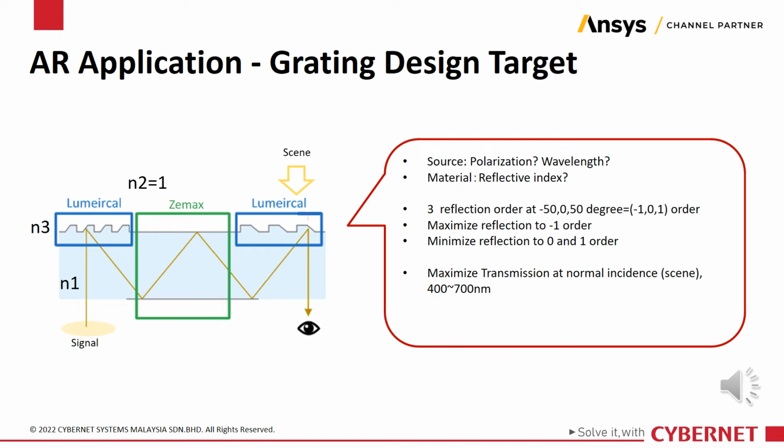Because the sizes of the slab waveguide and grating are very different, it is more efficient to choose geometric and wave optic simulation respectively. In this example, we have to think of the design goals in terms of grating parameters, such as how many orders of diffraction there are, and what the exact design wavelength is.